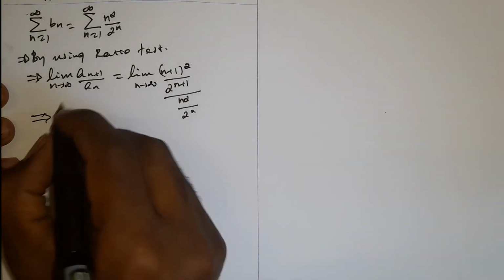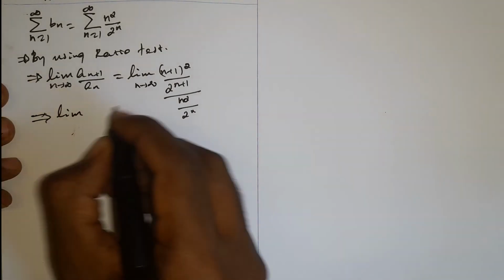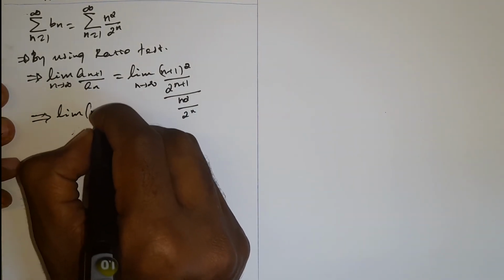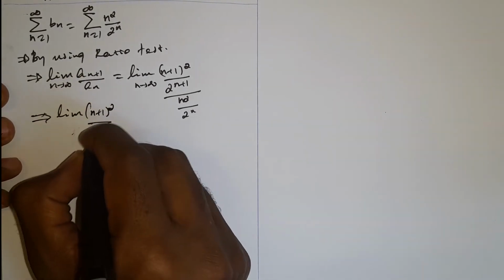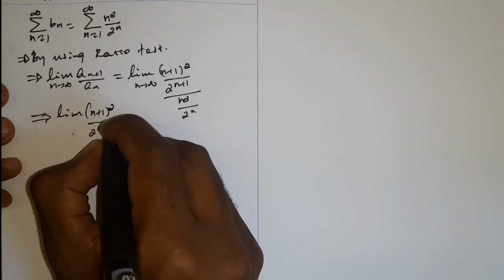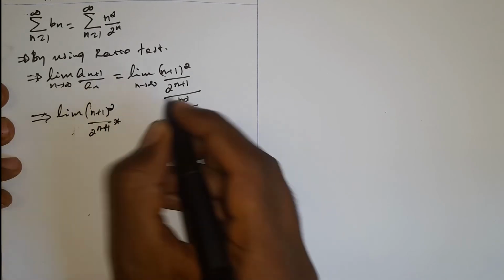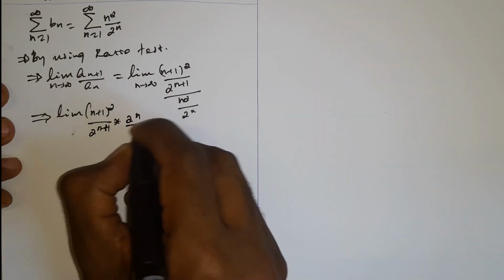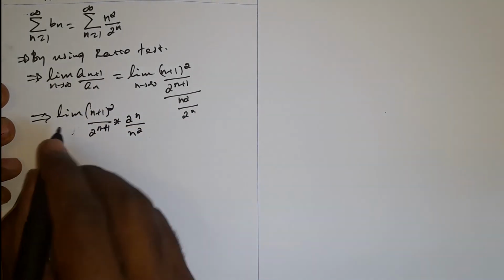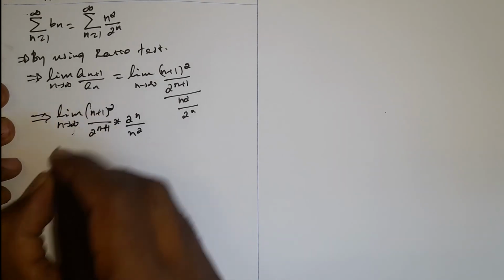This implies the limit of (n plus 1) square over 2 power of n plus 1 times 2 power of n over n square as n approaches infinity.